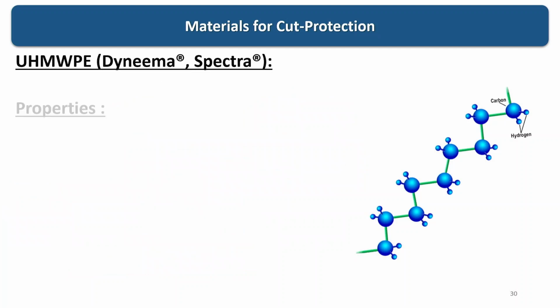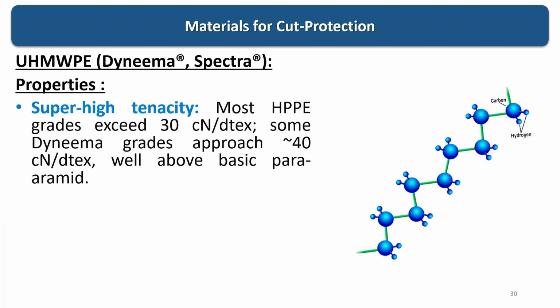From there, for ultra high molecular weight polyethylene, most HPP grades are 30 to 40 centinewton per decitex, a 10 times increase, and some Dyneema grades are 40 centinewton per decitex, well above basic para-aramid. Basic para-aramid is around 23 to 25 centinewton per decitex, but HPP is much above that.